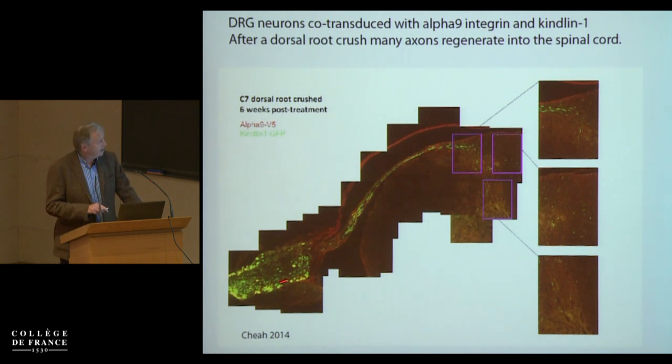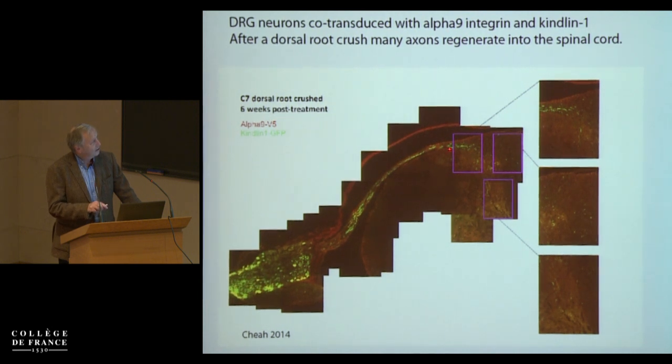This actually is a pilot short-term experiment, but here is the dorsal root, and the yellow neurons are expressing both alpha-9 and kindlin. Here's the axons in the dorsal root, and the crush is 1, 2, 3 crushes like so. And you can see many axons now have regenerated into the spinal cord and into the dorsal columns.